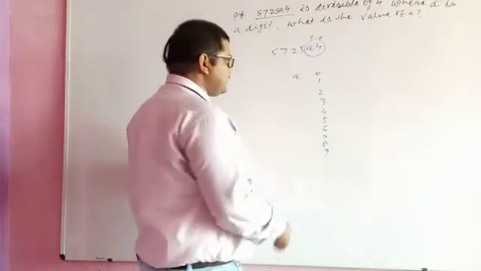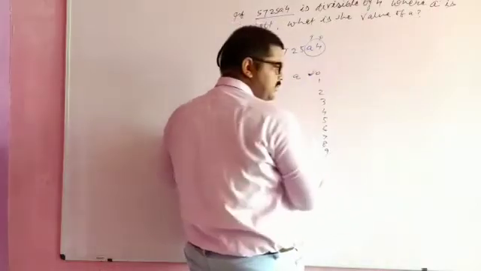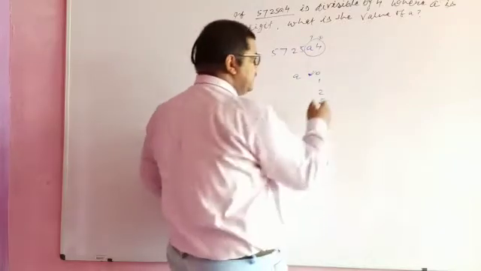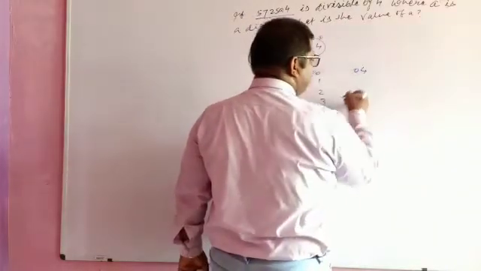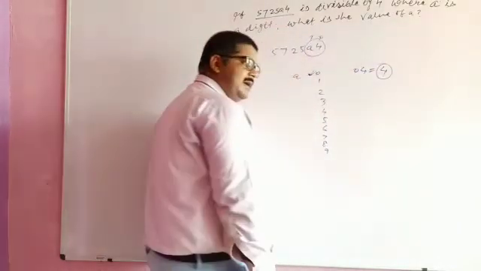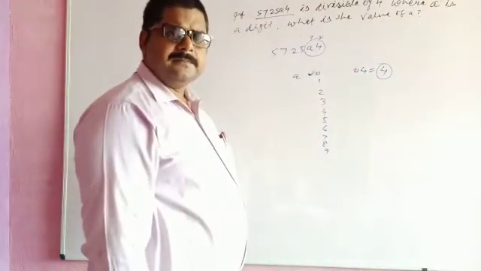So suppose that A is equal to 0. Then by the combination of ones and tens digit, the number formed is 04, and 04 means 4, and this number is exactly divisible by 4.